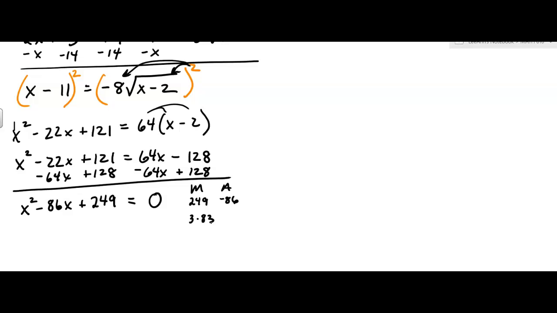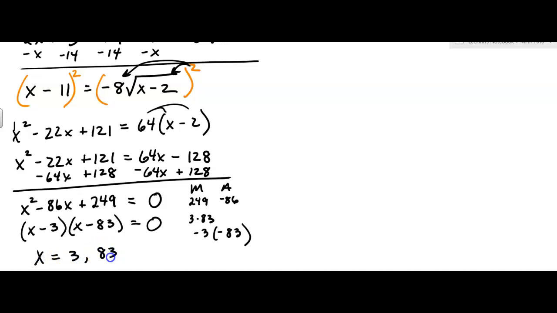Okay, so those actually, if I make them both negative, negative 3 times negative 83, those are going to add to be negative 86 and multiply to be 249. I got lucky there. Okay, so I get x minus 3 times x minus 83 equals 0. So I get two solutions, x equals 3 or x equals 83. I should say two possible solutions.